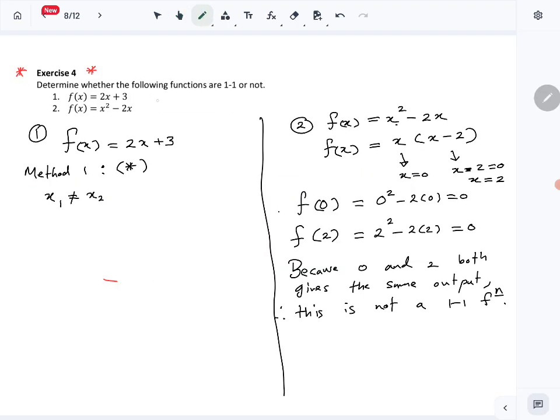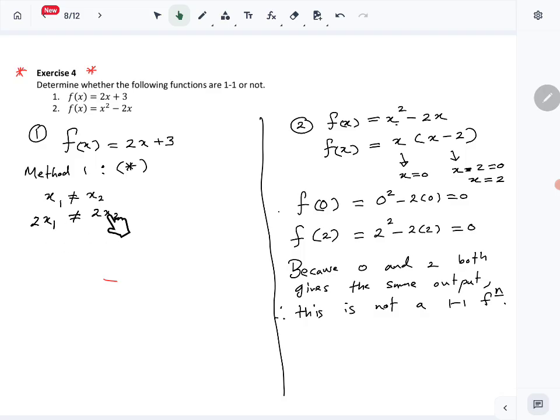So then I have to create f of x1 and f of x2. I start with x1 and x2. Then I first create 2x1 and 2x2. If x1 is not equal to x2, 2x1 can't be equal to 2x2. And then if I add the same number to both sides, they won't be equal again.